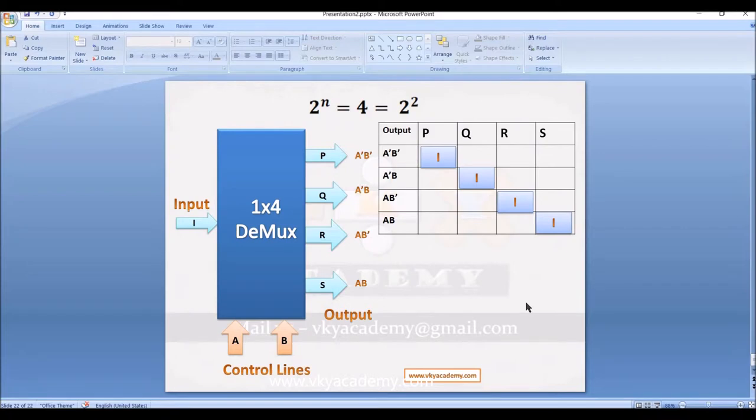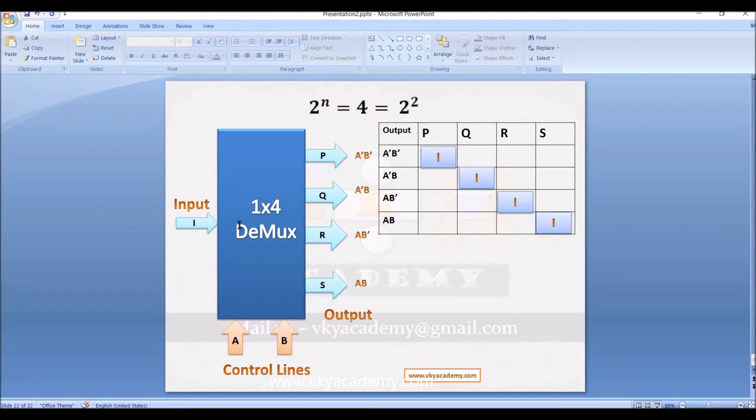Now in this figure we can see the number of input is 1, number of outputs is 4. This is a block diagram of 1 cross 4 demultiplexer. Now as we have 4 outputs, it can be written as 2 to the power 2. So 2 selection lines will be there, A and B. Now look here, the input I will go to P output when the selection line is 0 0 or A complement B complement.